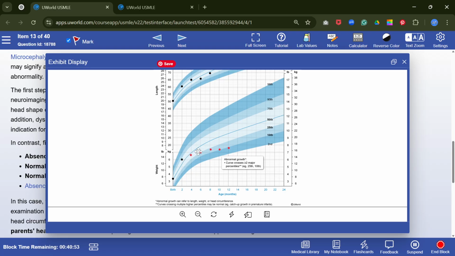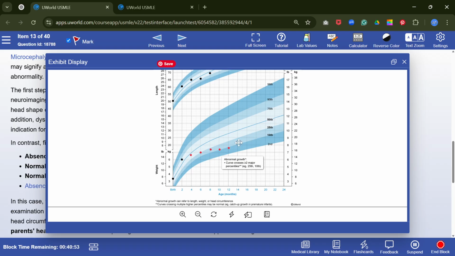In the fourth month there is decline, in 6 months there is decline, two or more declines. So the abnormal growth curve crosses two or more major percentiles: the 25th, the 10th, and now it starts touching the second percentile. This is how the curve crosses two or more major percentiles.